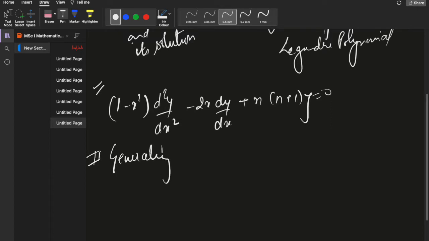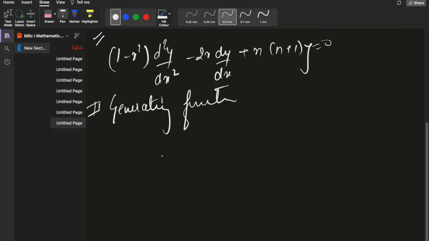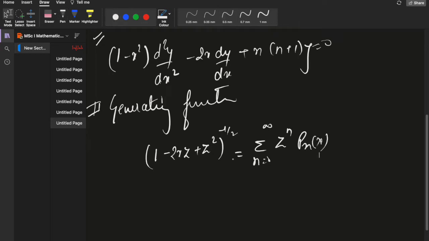The generating function was what? (1 minus 2xz plus z square) to the power minus half is equal to summation n equals 0 to infinity z to the power n Pn(x), where Pn(x) is Legendre polynomial.